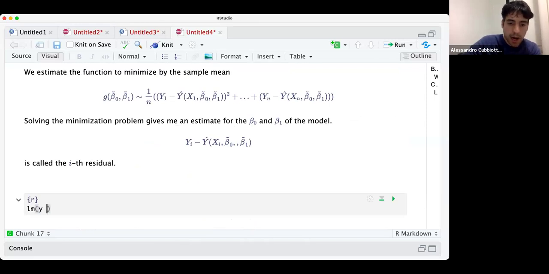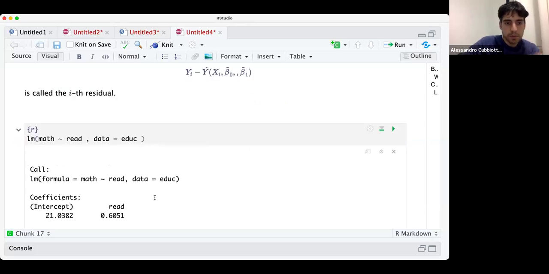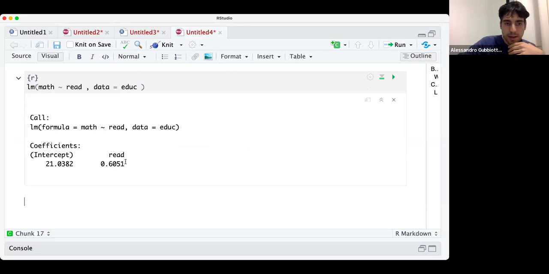We predict y using x. So here we predict the math score using the reading score, and the data is equal to educ. And we can see the result. It gives me the slope and the intercept of the line.